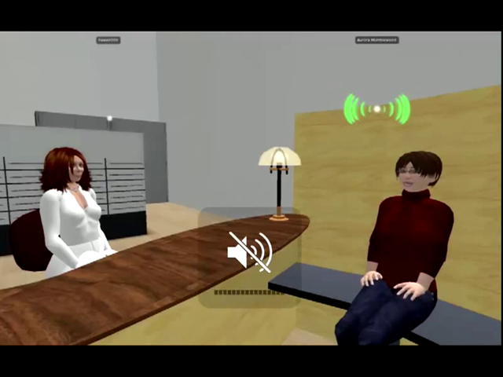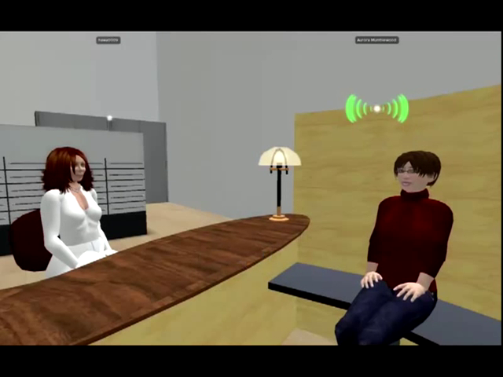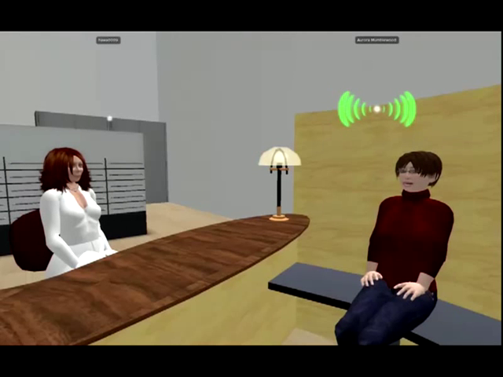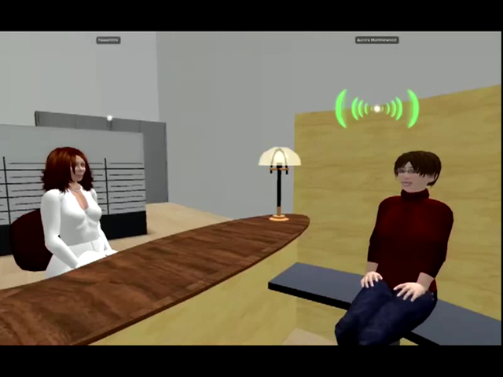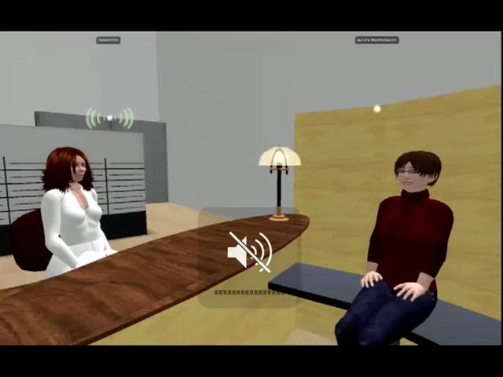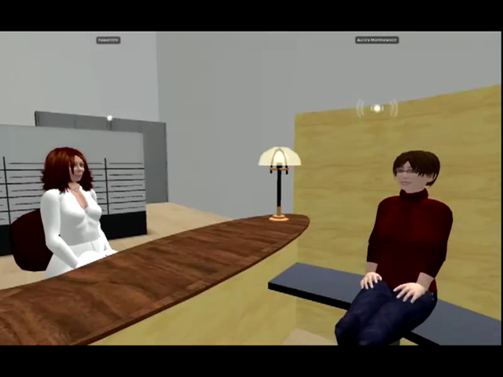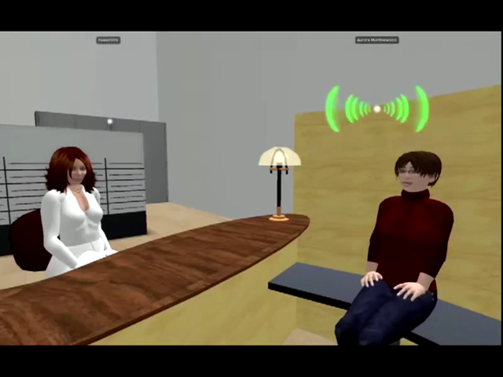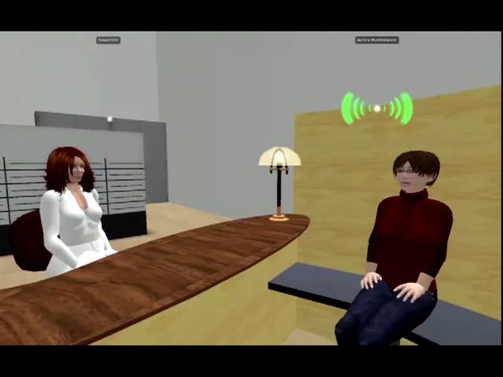A short example of what it could look like in Second Life. Then I ask a lot of questions about the medication after this sort of speech in the beginning: how it works, does it have side effects, is it a good medicine, and is it the best medicine that she can get?